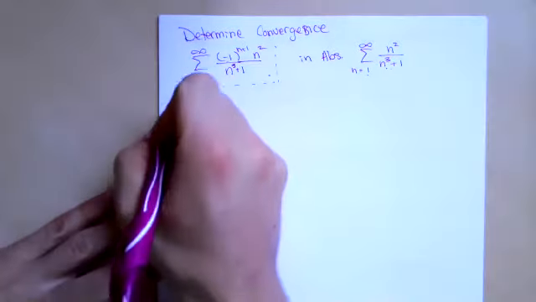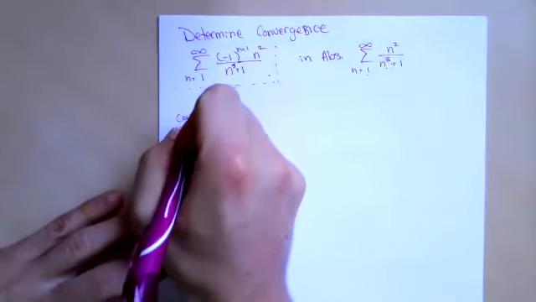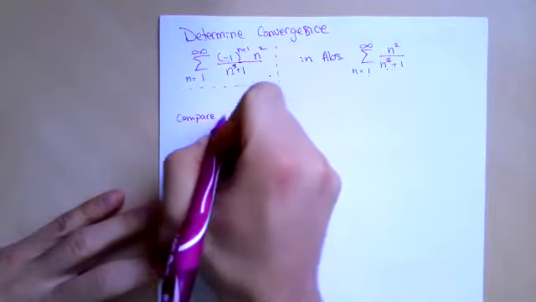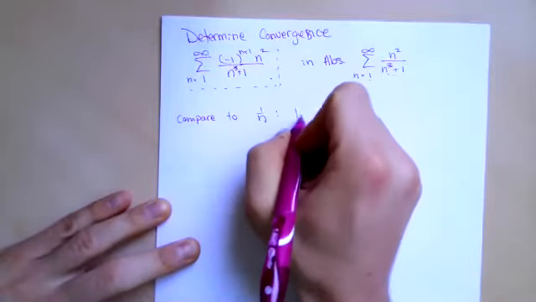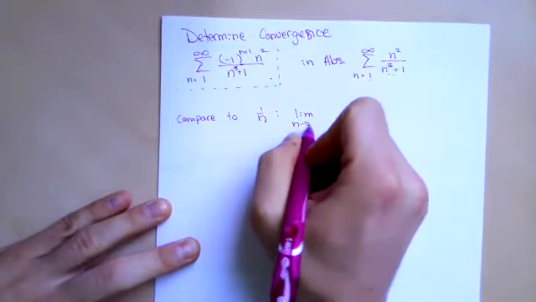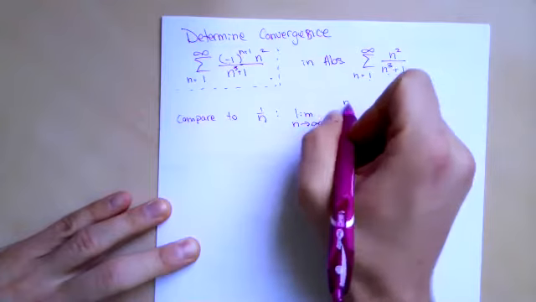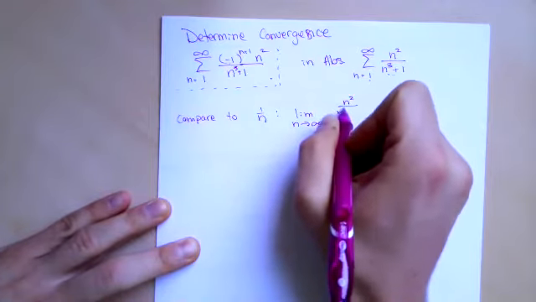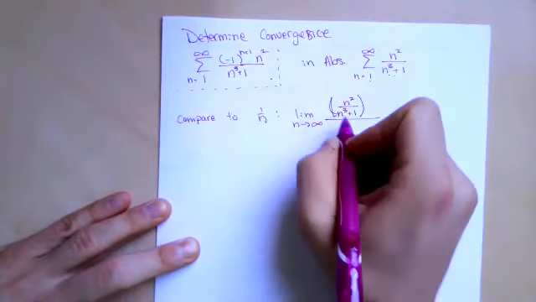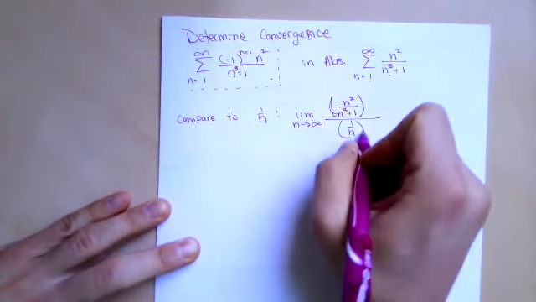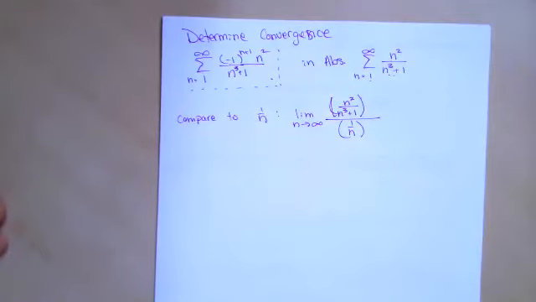So if we compare it, let's take our limits of our original sequence divided by what we want to compare to.